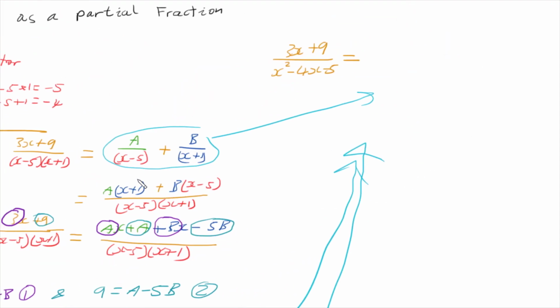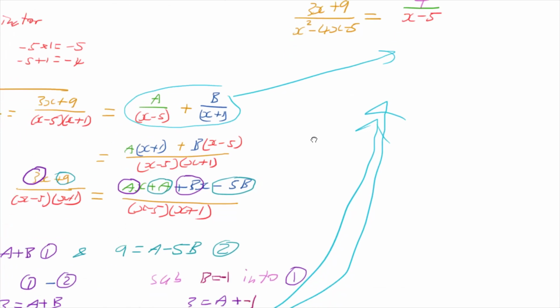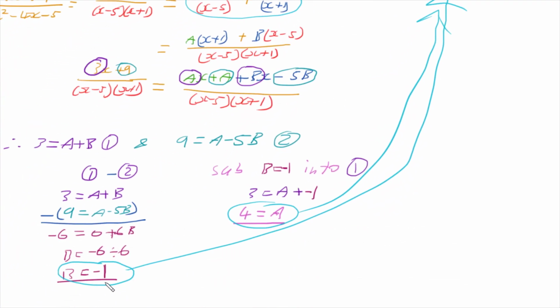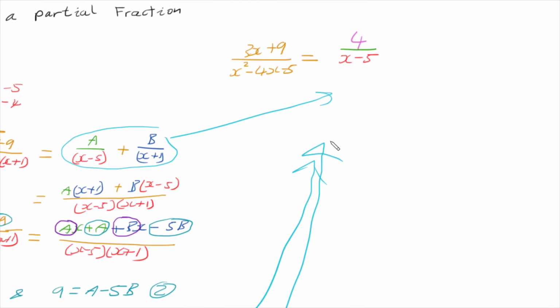So I've got A, which we said was 4. So I'm going to have 4 over x minus 5. And then I'm going to add on B, which is minus 1. So I'm going to change it a little bit because we had minus 1. We're going to have minus 1 over our other denominator, x plus 1.